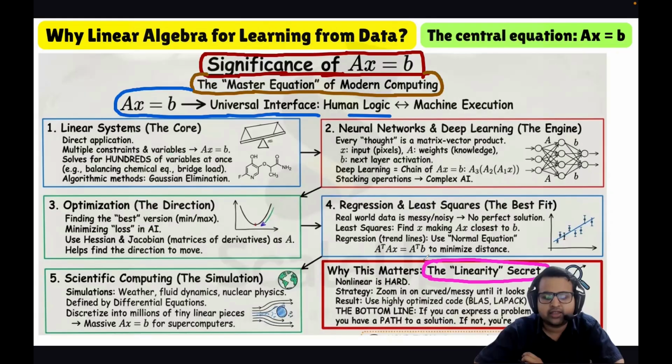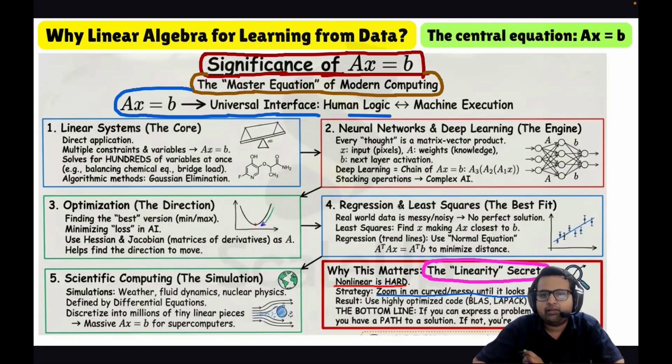The reason Ax = B is the foundation for everything is that non-linear problems are incredibly hard for computers to solve directly. So the strategy is to take a curved, messy, non-linear world and zoom in until it looks flat, linear.